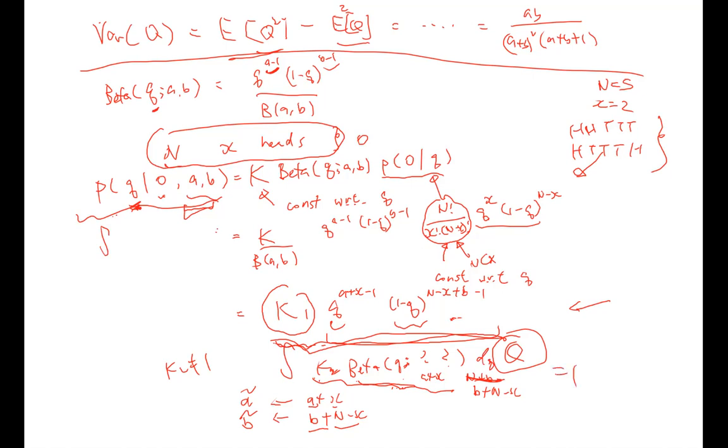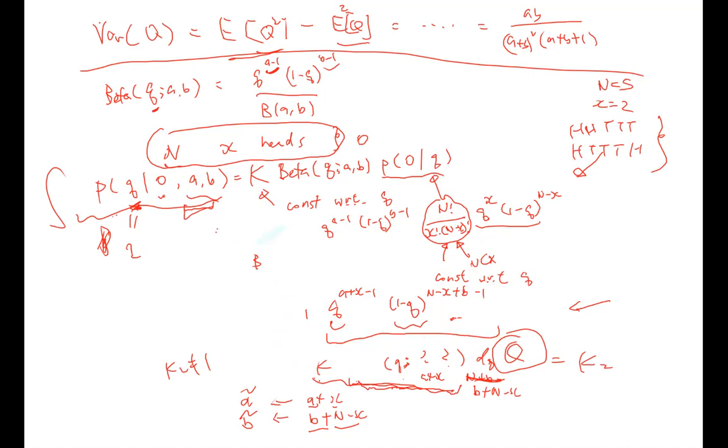If I integrate both sides, on the left-hand side this should be equal to 1 because this is a distribution of q, and on the right-hand side this will be equal to k2. So k2 is simply equal to 1. Therefore, this is really a beta distribution, not a scaled version of one. Okay, so much for that.